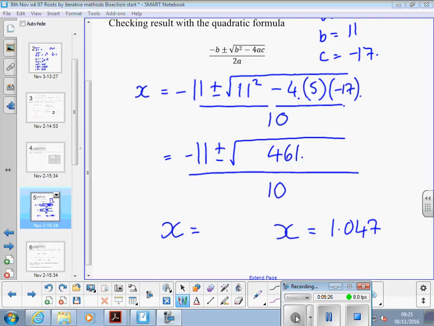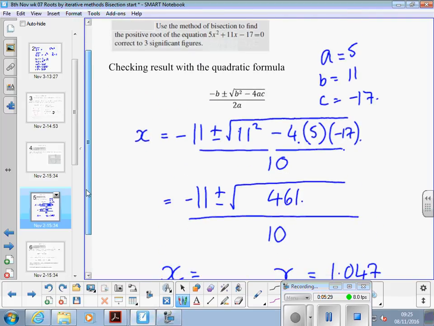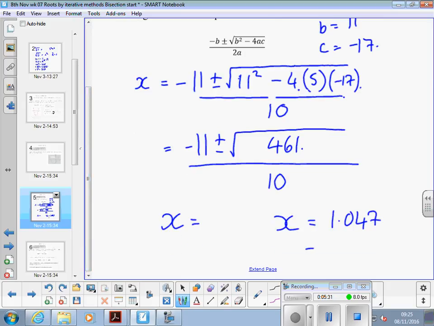What are we looking for in terms of three significant figures? So that would be 1.05, to three significant figures. And the other one, just for completeness, is -1. But this is the one of interest, the positive root.